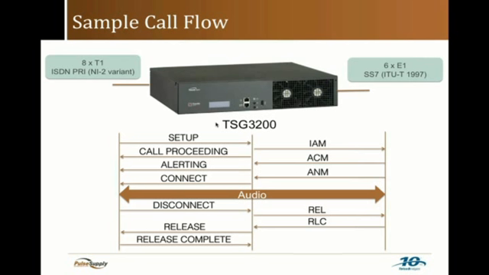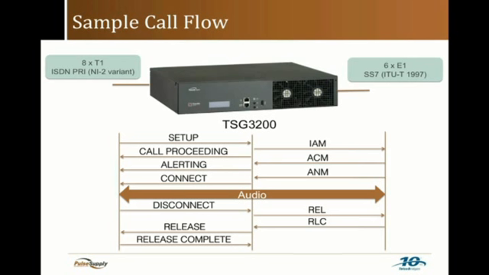Each protocol has its own call control messages, which are illustrated here on the left for ISDN and on the right for SS7.